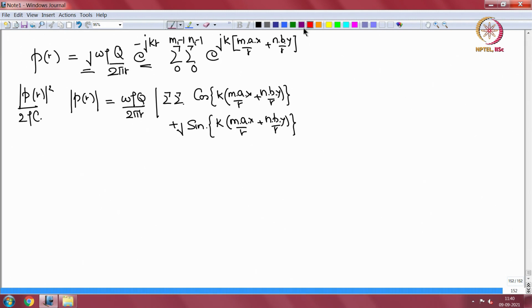So this is the real term, this is the imaginary term, and we are trying to get the magnitude of this thing.